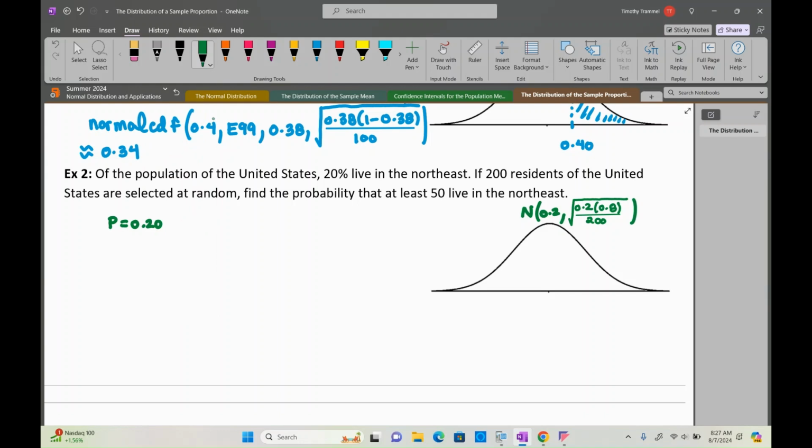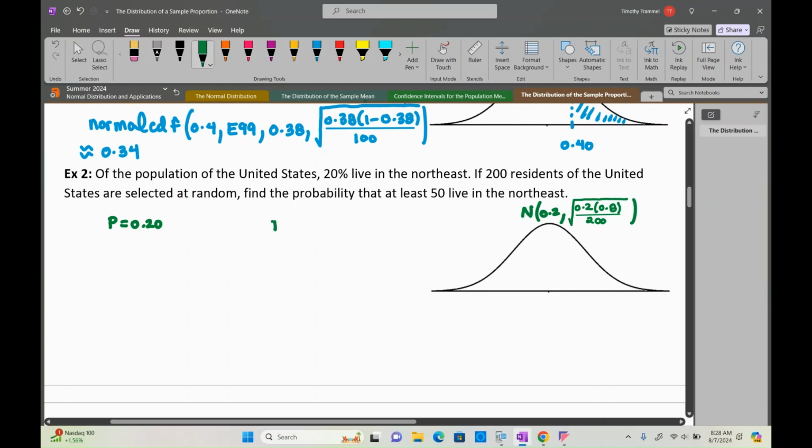The problem here is they didn't give us the proportion that would go along with at least 50. Well, let's think about what that sample proportion would look like if it was exactly 50.